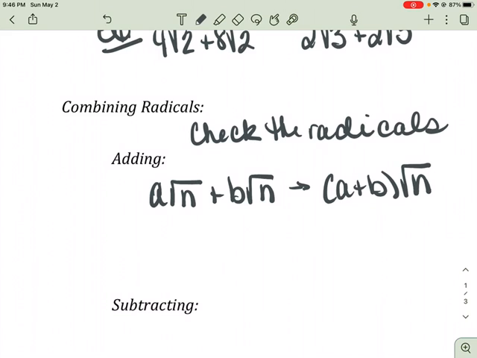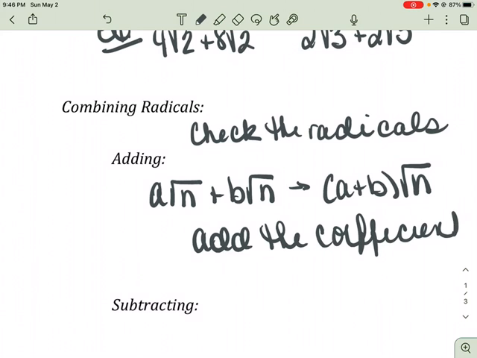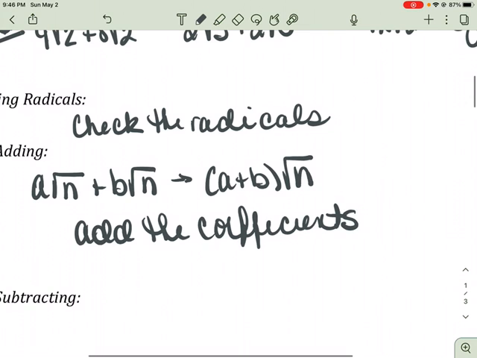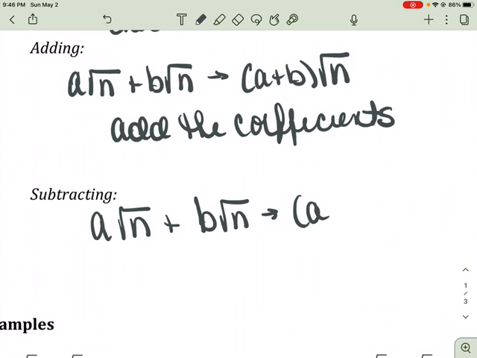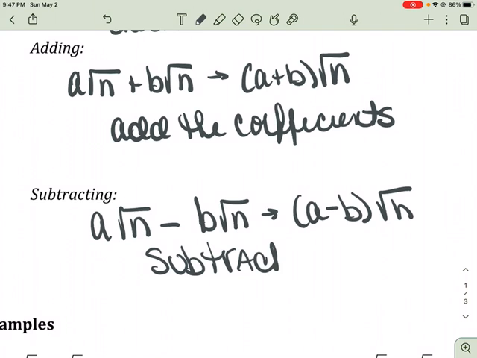I'm sure there's a more formal definition, but basically, as long as your radicals are the same and the numbers underneath are the same, we're just going to add the coefficients or subtract the coefficients. The same holds true for subtracting. I don't know why I wrote adding again. So we're going to subtract the coefficients.